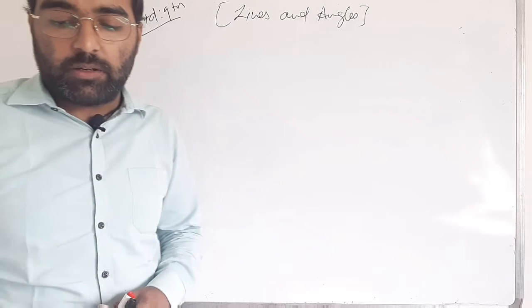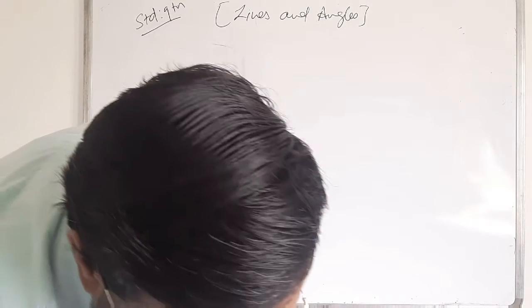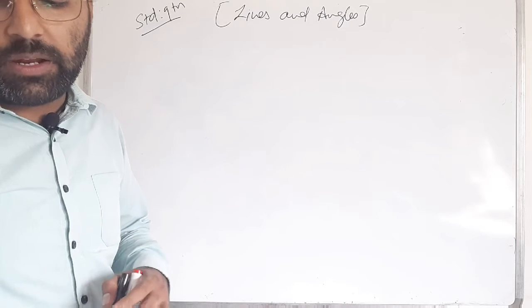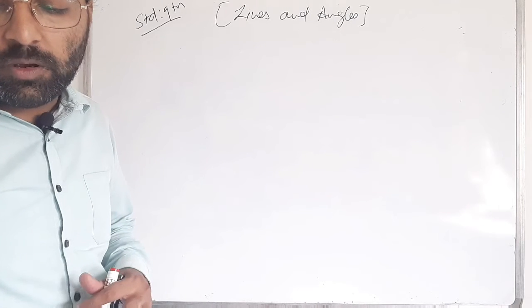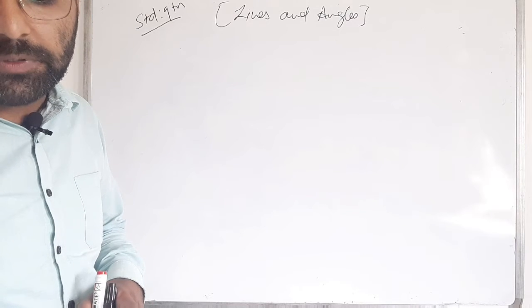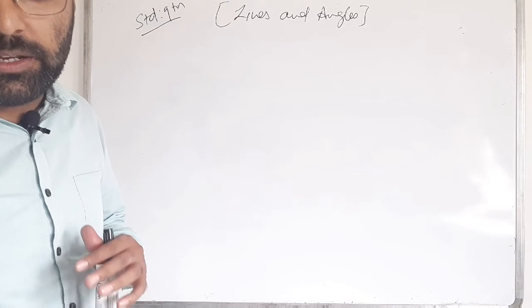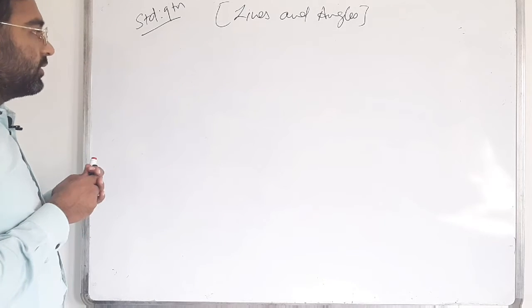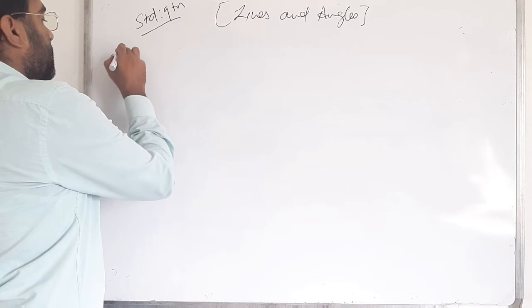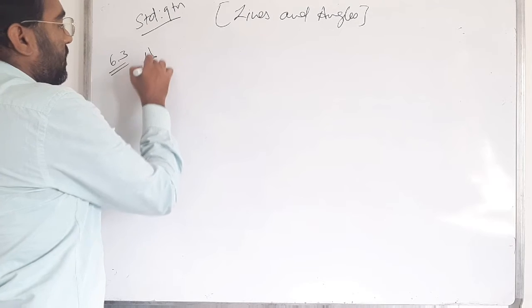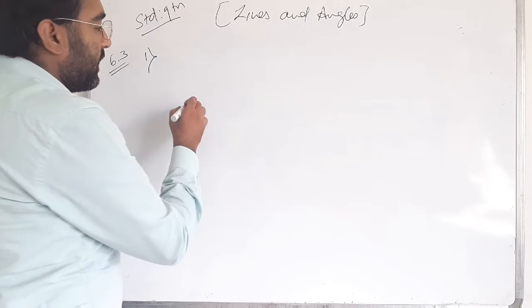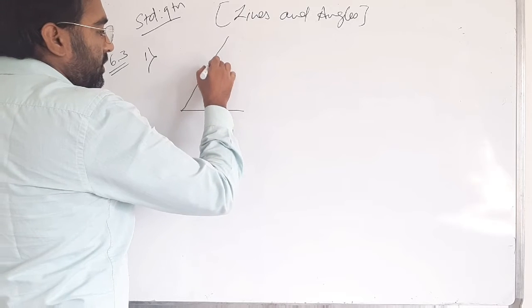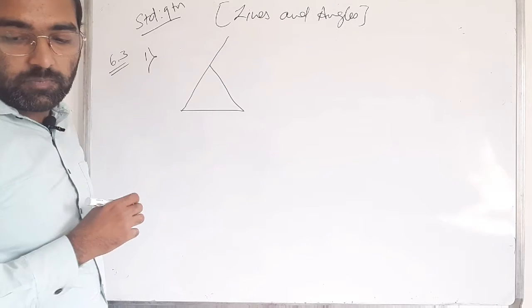Here my first question is that in the figure, sides QP and RQ of triangle PQR are produced to points S and T respectively. Here it is, exercise 6.3, question number 1, and the figure is given.